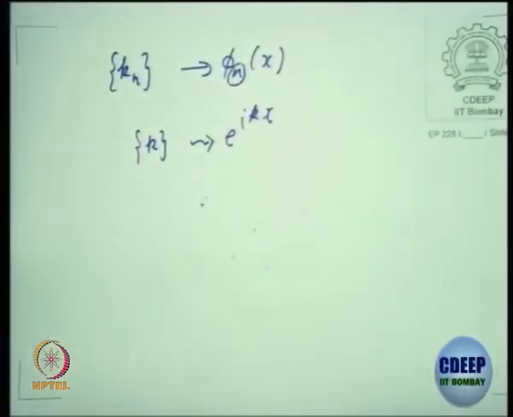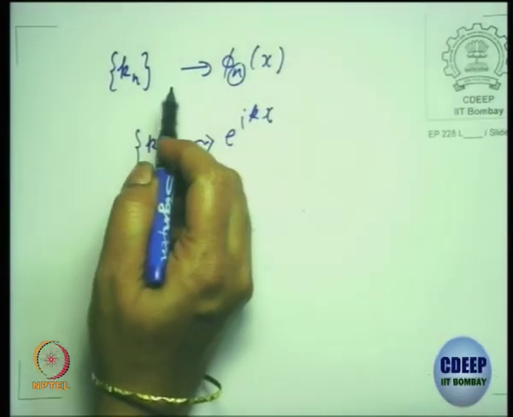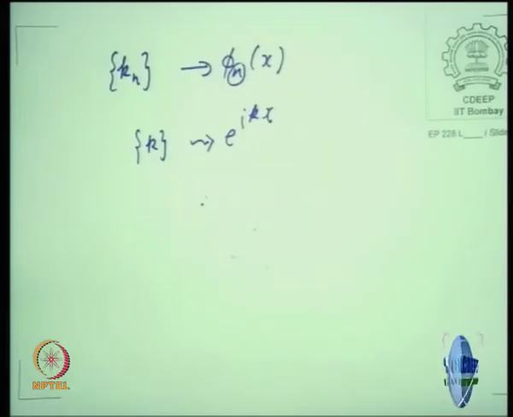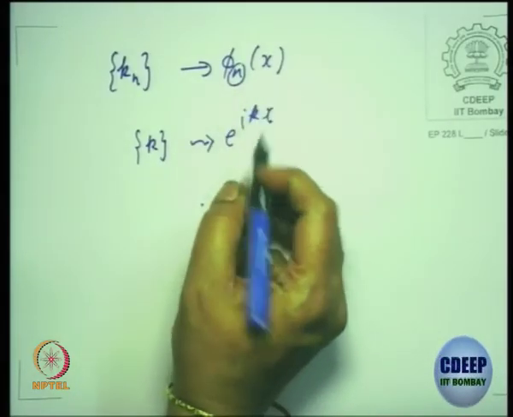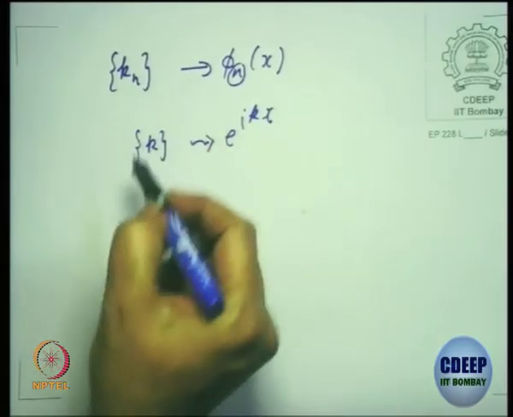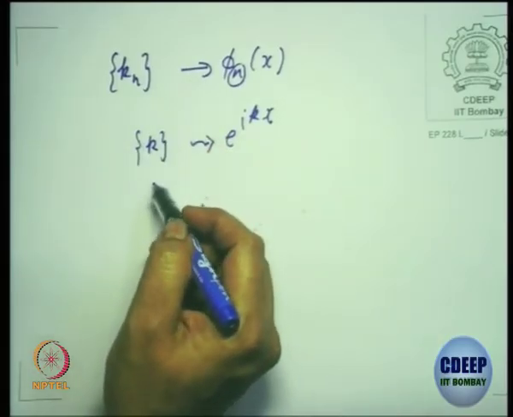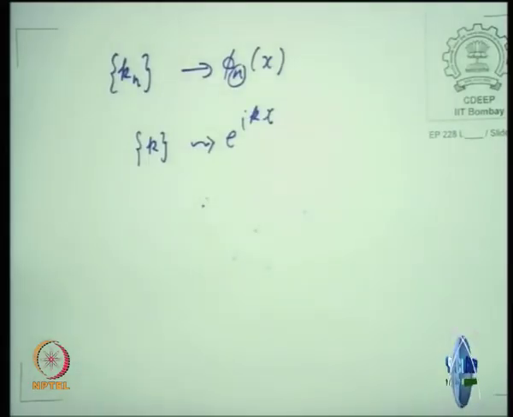We do this. So this one has a discretized index. So kn is a set of allowed wave vectors, and for that we have the corresponding wave functions phi n of x, remember, recall that, right. But then we also went into a wave packet where we used the basis functions as e to the ikx and k was a continuum.